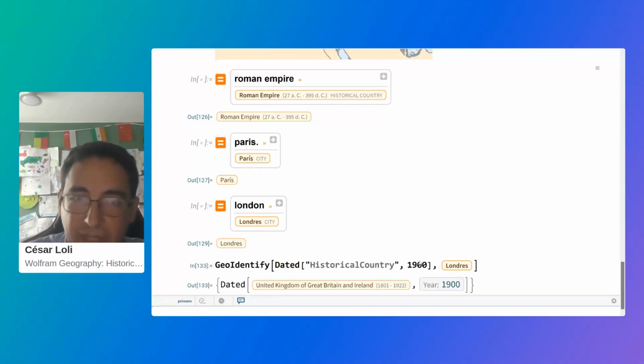As you see, the United Kingdom of Great Britain and the United Kingdom of Great Britain and Ireland are two different entities. So sometimes the geographical functions could also be a good way to calculate or to find a specific entity that you want.